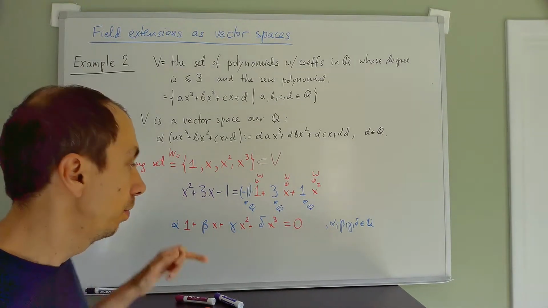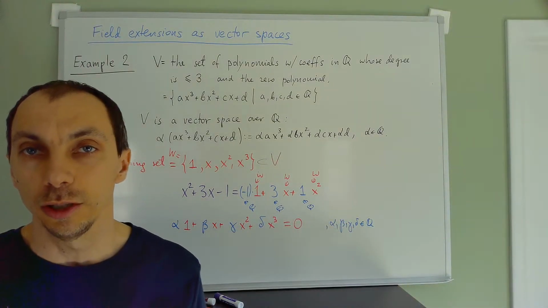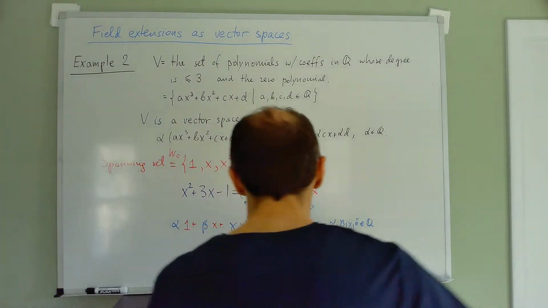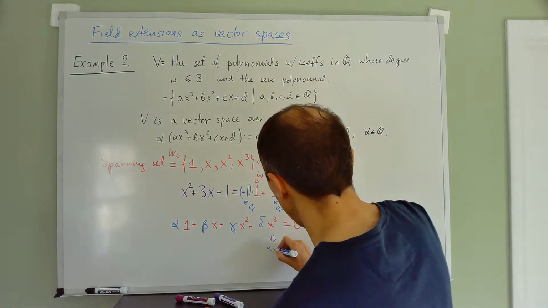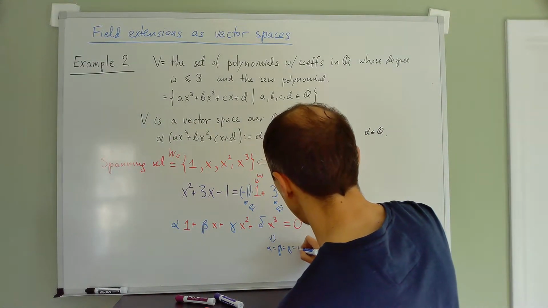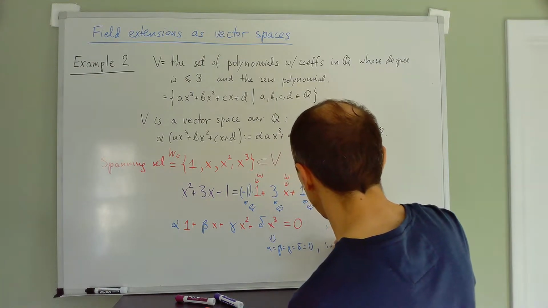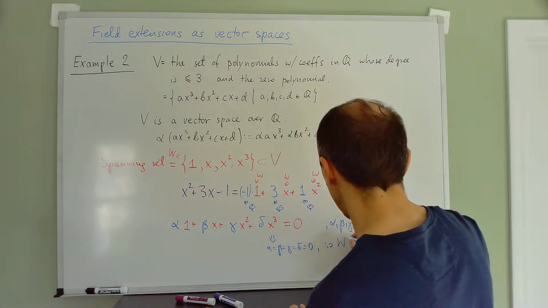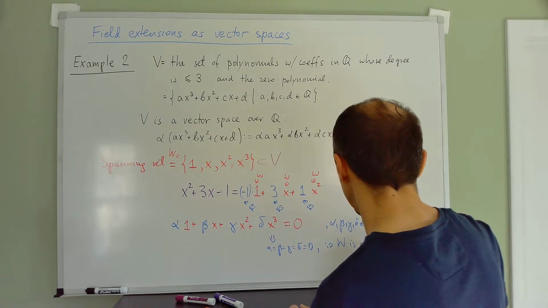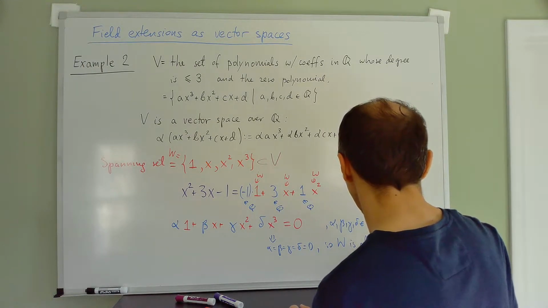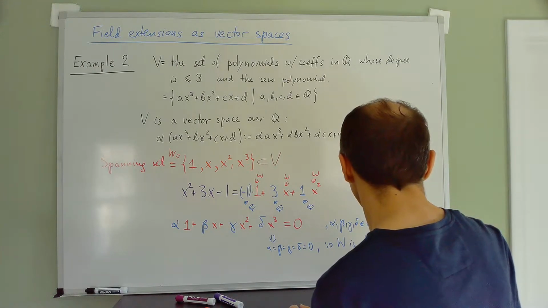In order for this polynomial to be the zero polynomial, all these coefficients have to be 0. So this implies that alpha is equal to beta is equal to gamma is equal to delta is equal to 0. So the spanning set W is also linearly independent, so it is a basis of V.